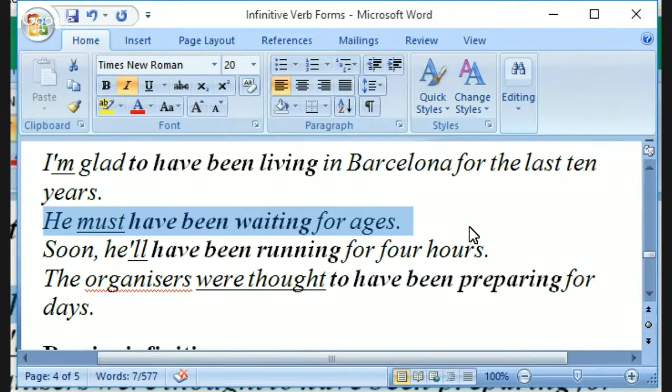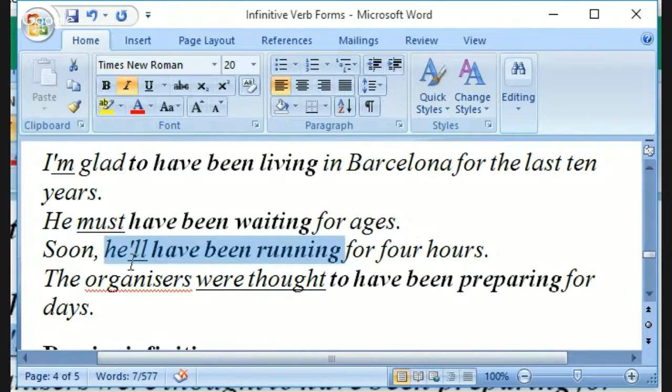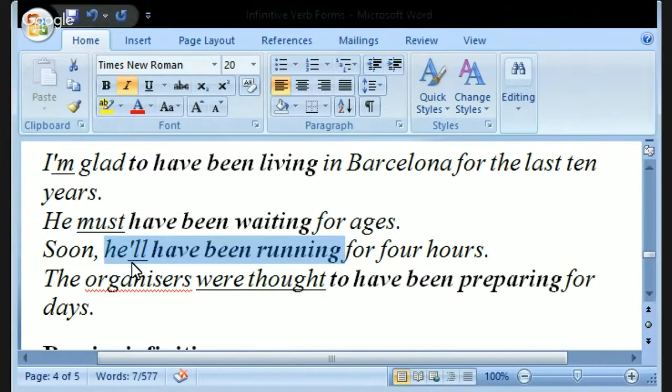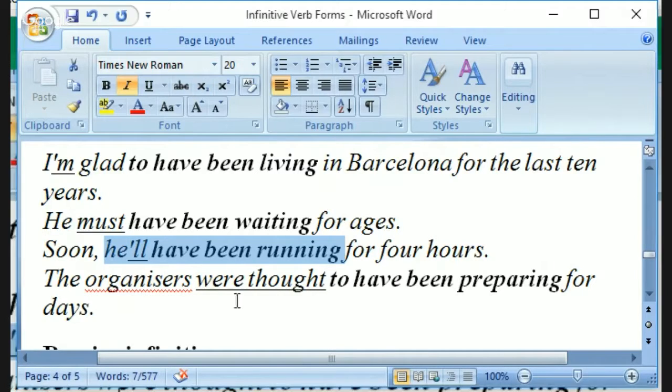He could have been drinking all night. It's very common to use this. Soon he'll have been running for 4 hours, and once again, it is in fact a future perfect continuous tense. Same thing.